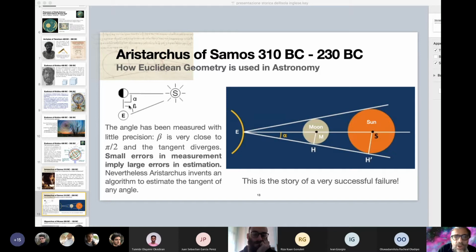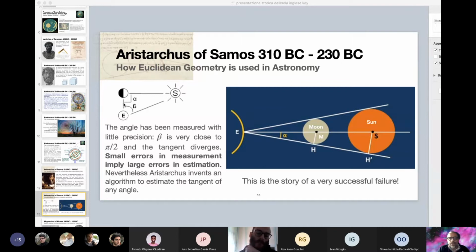Now, the angle beta you can measure because it is the angle between the dividing line between light and darkness of the moon and the center of the sun. You can invent a sextant for doing this. It is a very simple measure, but there is a very bad news. As the sun is very far from the Earth and the moon, beta is very close to pi over 2.